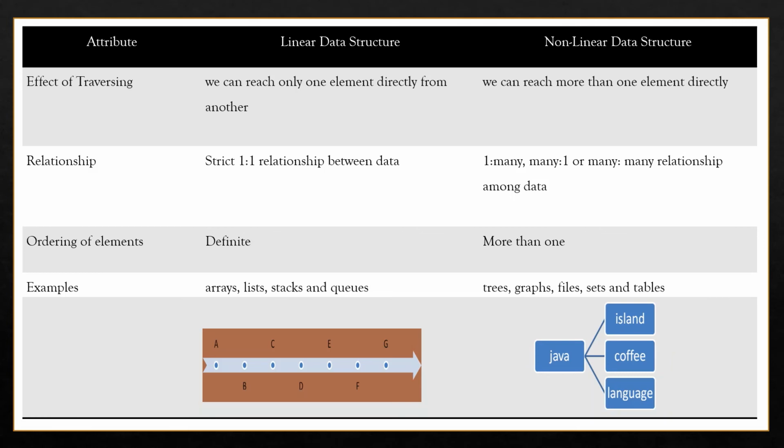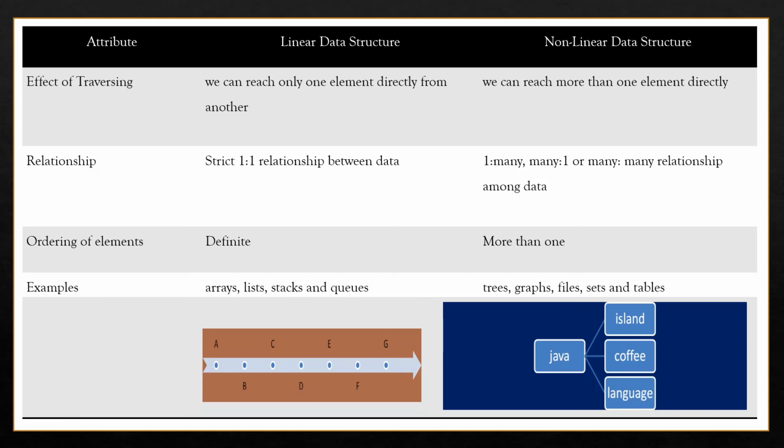We can reach only one element directly from an element, and the relationship between the data is strictly one-to-one. This kind of data structure, which we have seen in arrays, lists, stacks, and queues, is called a linear data structure.